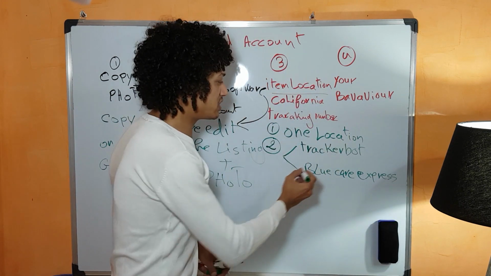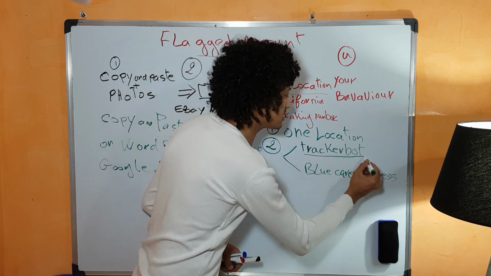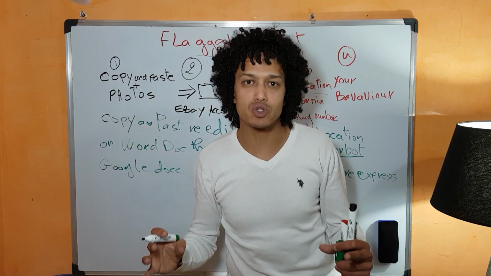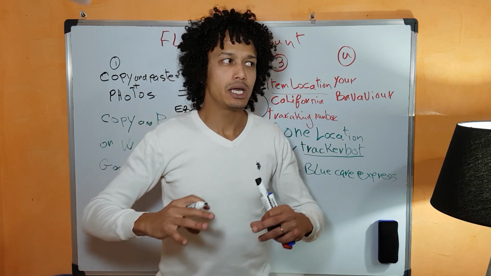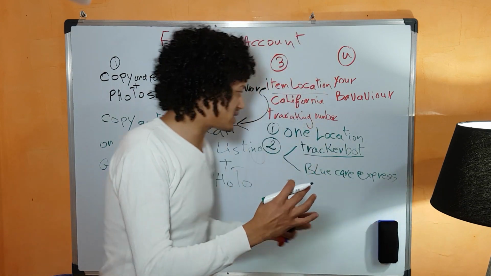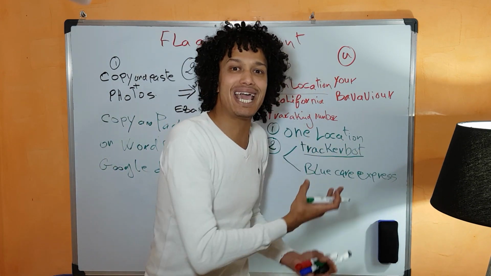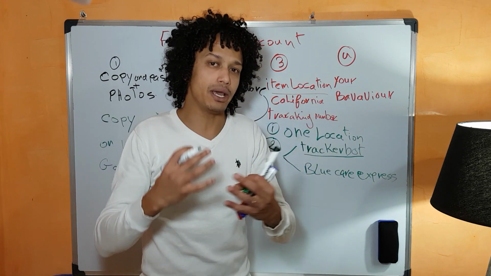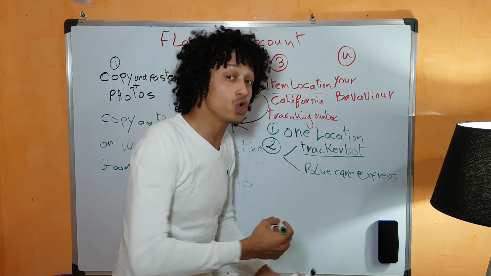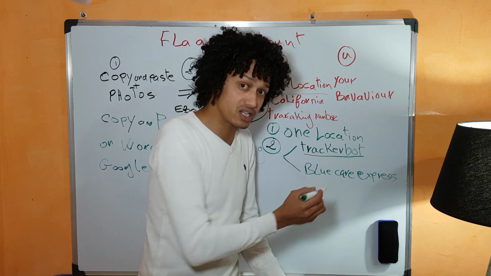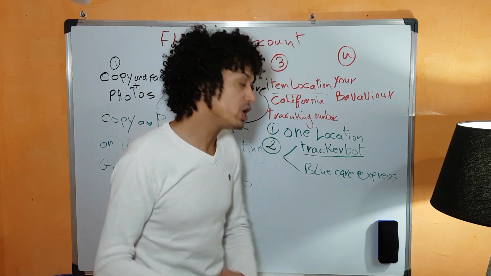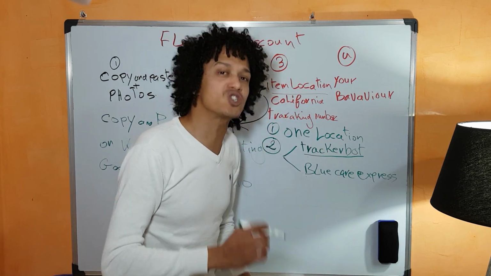All right. So what is the difference? Okay, TrackerBot is a website that you can subscribe to, and it will take all your tracking numbers and transform them to Blue Care. You can use TrackerBot and get a Blue Care Express tracking number, or you can use Blue Care Express directly.